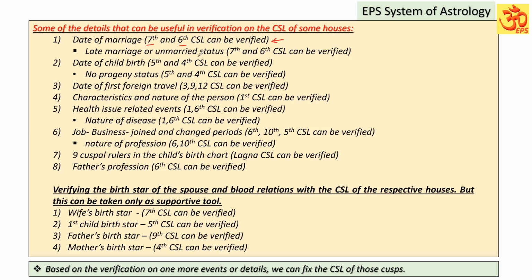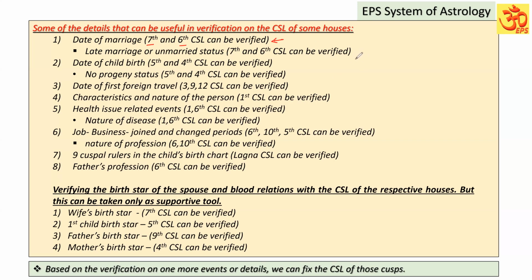Late marriage or unmarried status also can be verified. Suppose the person says he is not yet married. How to check it? If he says my marriage is getting delayed, I can say it is delayed marriage. Or unmarried status: suppose he says I have not married yet and I am still unmarried at 35 plus or 40 plus or 50 plus.